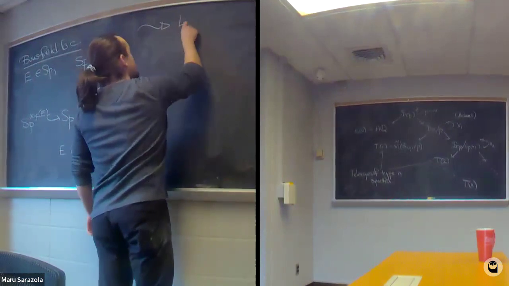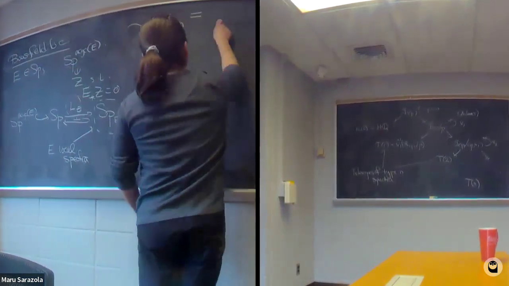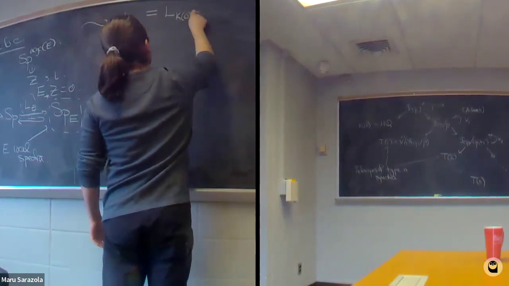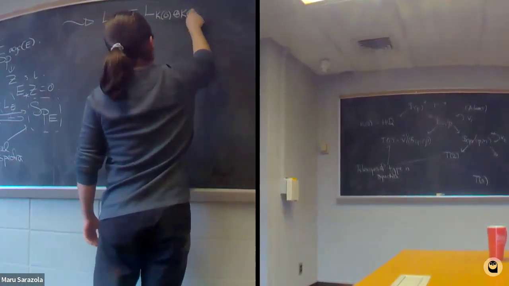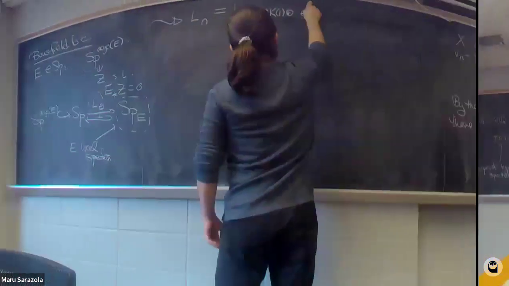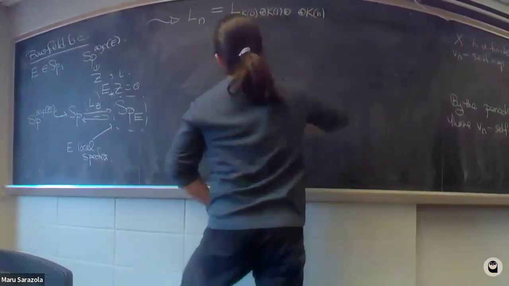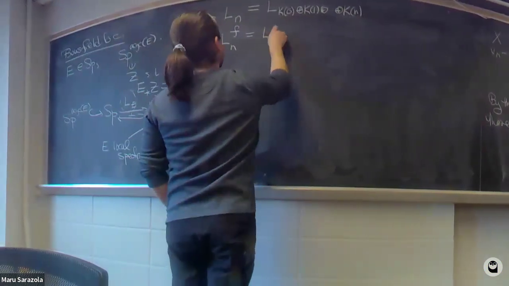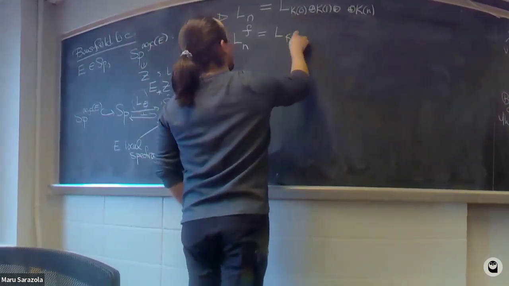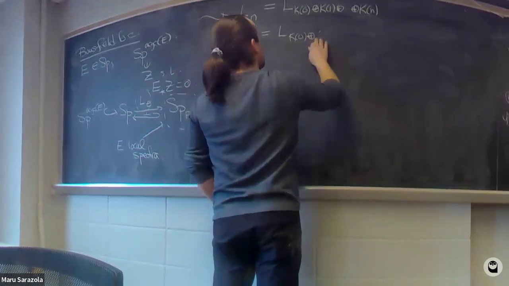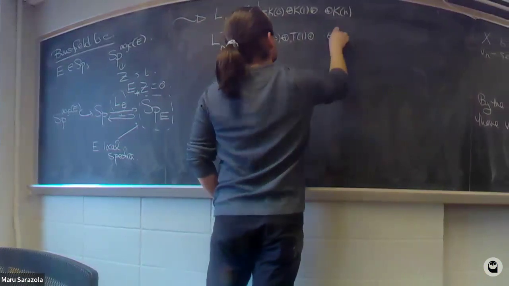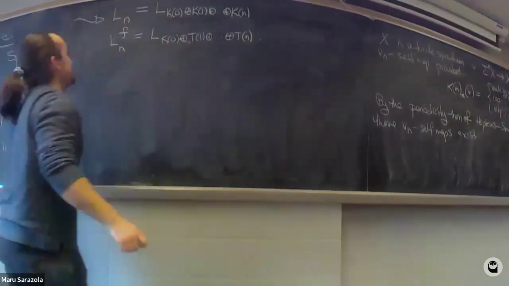Maybe I'll just write them like this. L_n is the Bousfield localization functor associated to the spectrum given by K0, K1, up to Kn. And then you have L_n^f, which is K0 again, but now instead of K1, we throw in a T1, up to T_n.